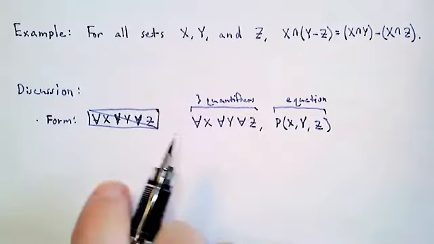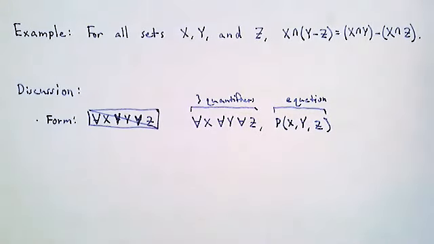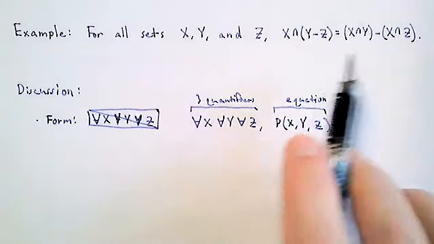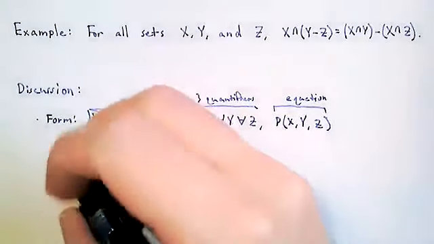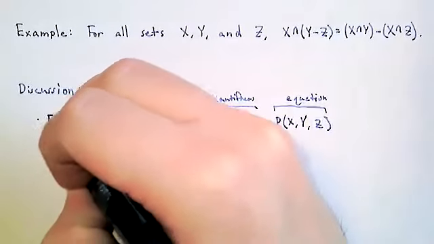And in order to show that this is true, we have to show that the equation works no matter what sets we actually plug in. So let's write that out.